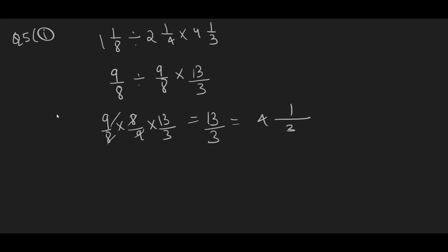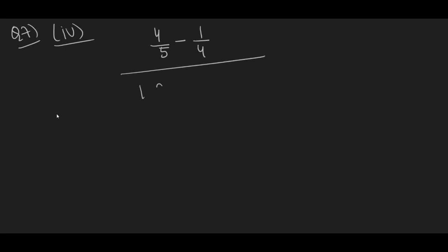Same exercise. Question number 7 now, children. Question 7, fourth part. So it is 4 upon 5 minus 1 upon 4, upon 1 9 upon 20 plus 1 3 by 10.